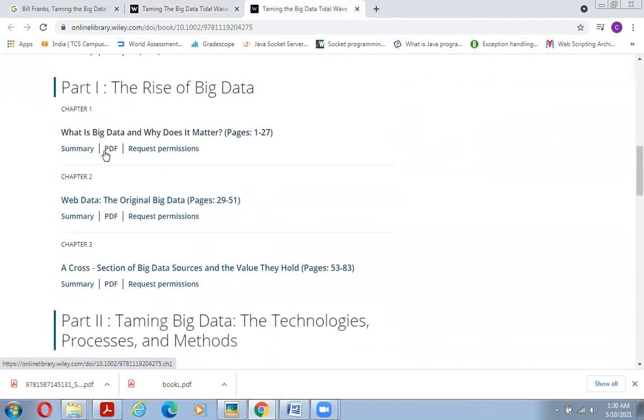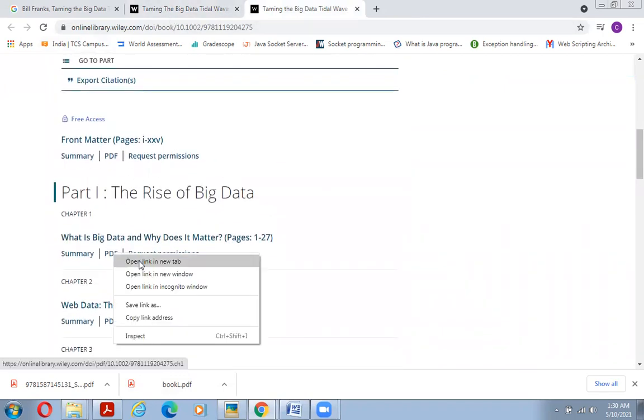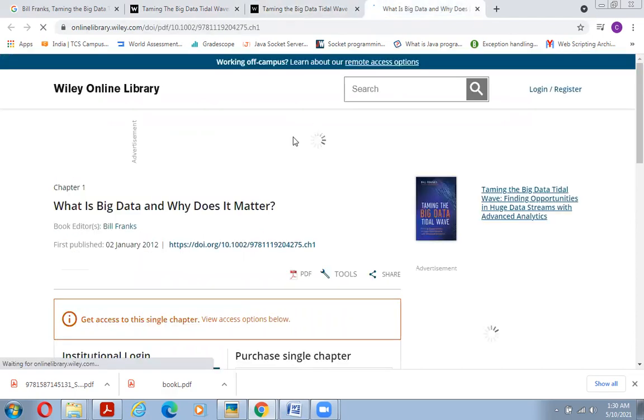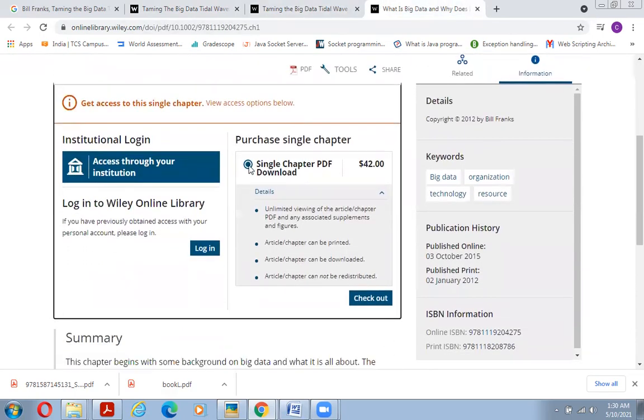Here in the online library, for a single download we need to pay some $42.